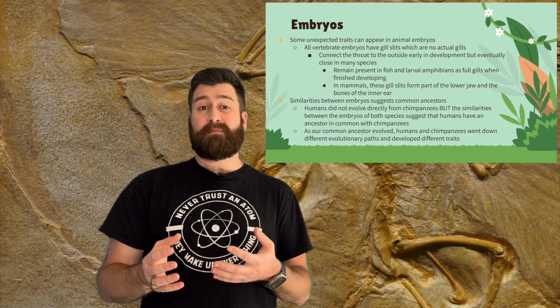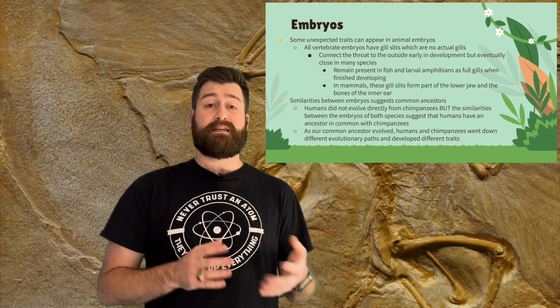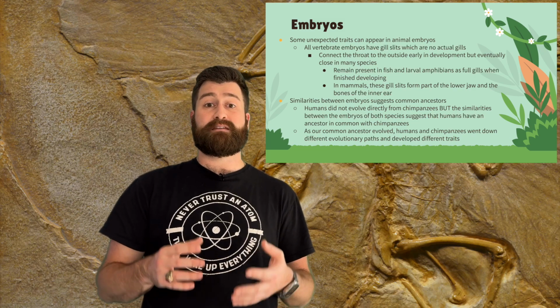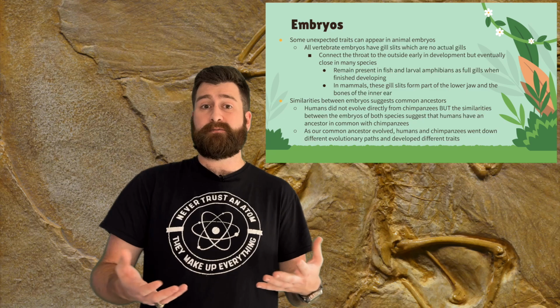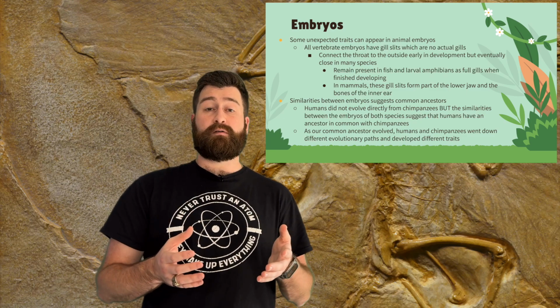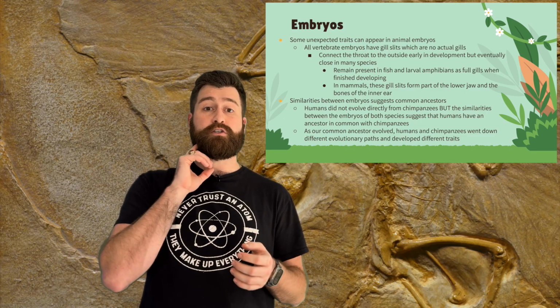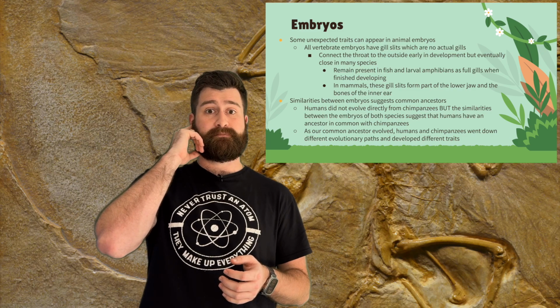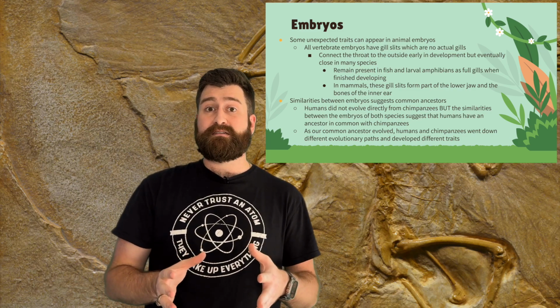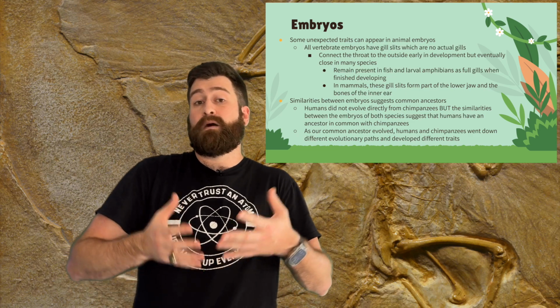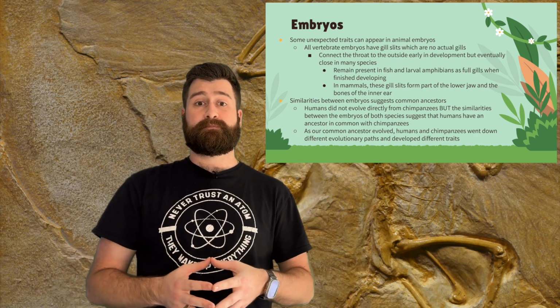Even though they close in many, these gills do remain present in fish and larval amphibians as full gills when they're finished developing, because they use them. They have a need for them. In mammals, however, these gill slits form part of the lower jaw and the bones of the inner ear. Now, these similarities between embryos suggest common ancestors, again, amongst mammals in this particular example.